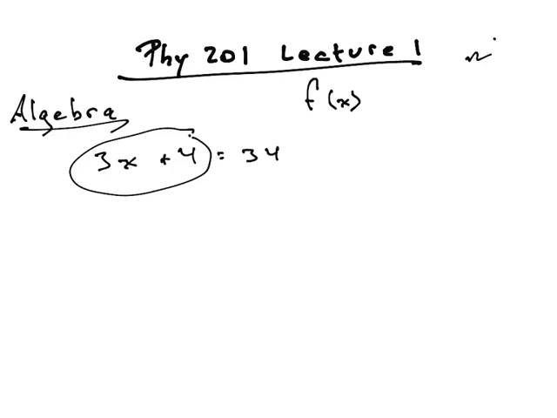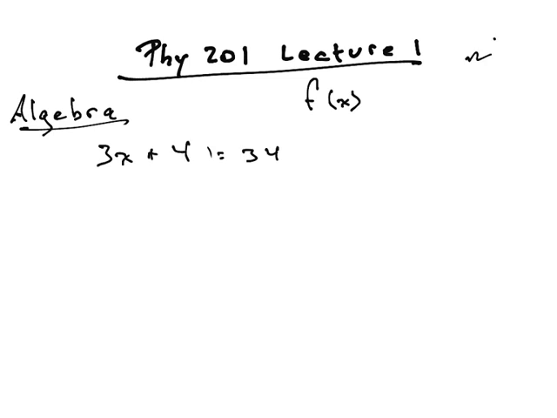So I take away the 4 first, and then what's left is 3 times that number. So how do I get rid of multiplying by 3? I divide by 3. That inverses, that cancels out that operation. So if you think about it in that sense, what this tells me is the order I have to do is all of the adding or subtracting, then all the multiplying and dividing.